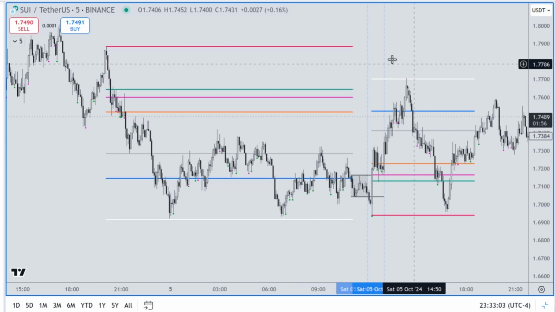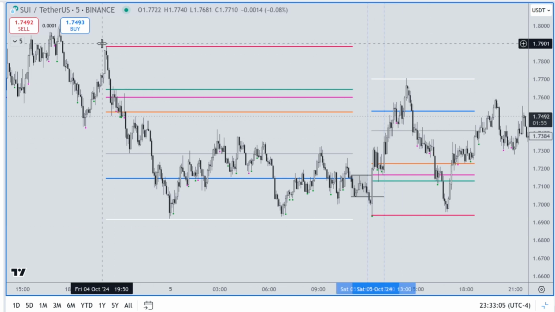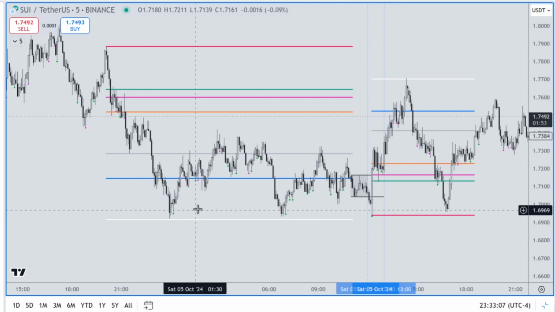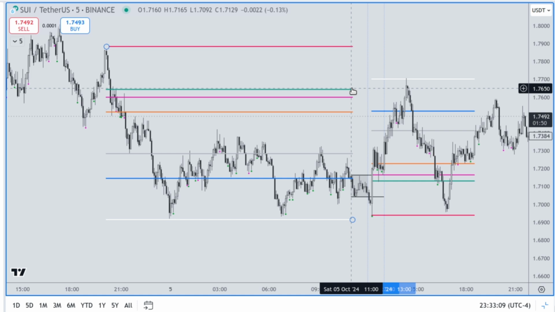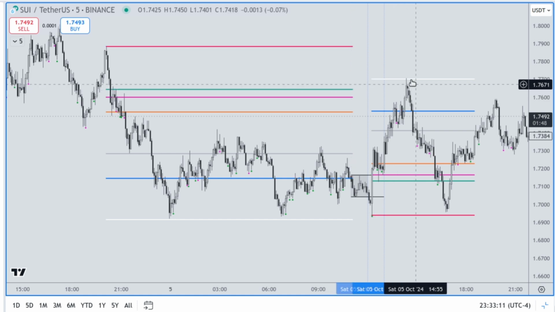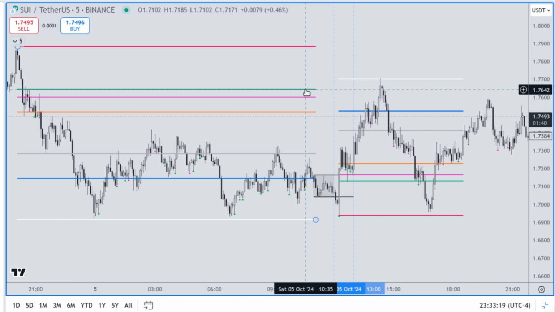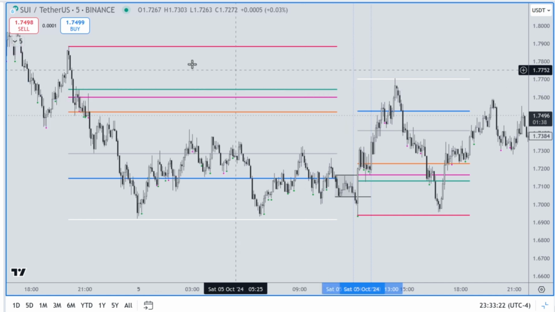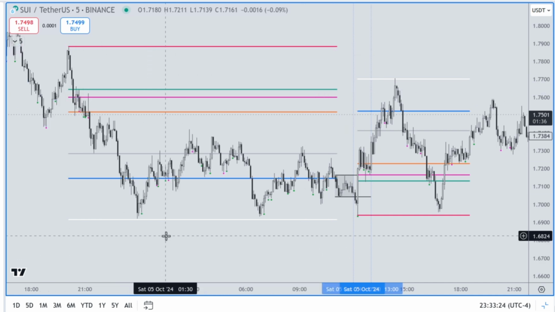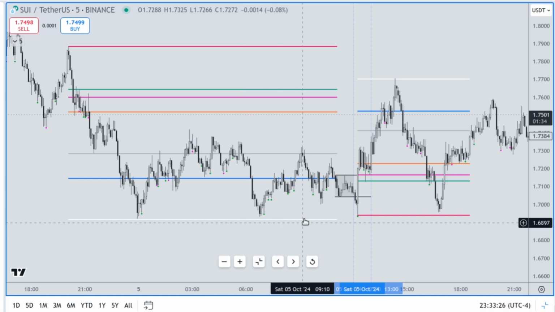And I see this right here. Look at this. This swing retraced to the 75% right here on this high. This last 5-minute candle touched this 75% level of this higher time frame swing, right?